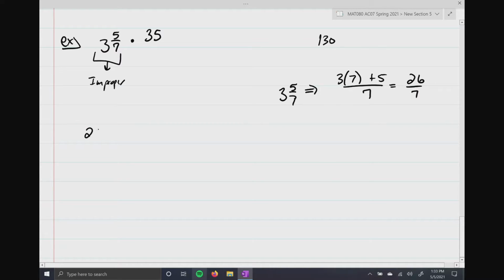So 26 over 7 times 35 over 1. Now, before I even multiply, what I'm going to do is I'm going to simplify the 35. And the reason why is because I know 7 is a factor of 35. From here, I could see that the 7s reduce.